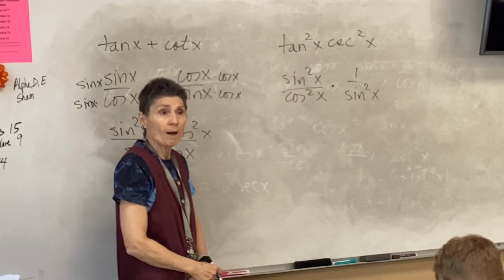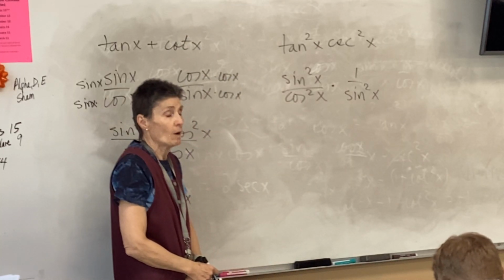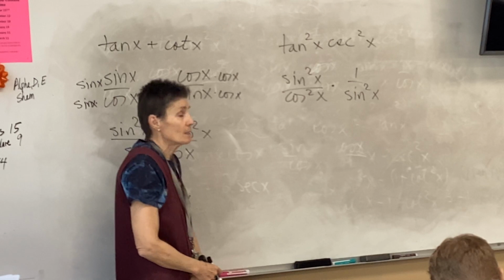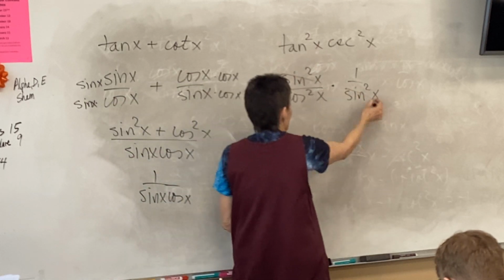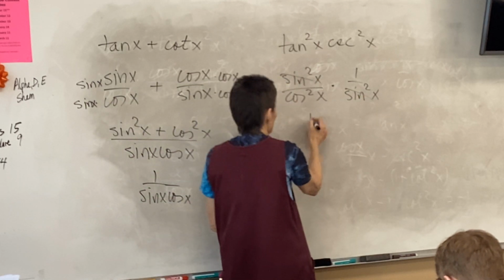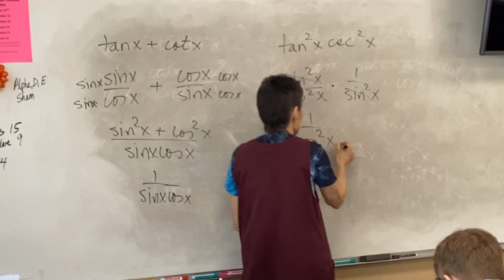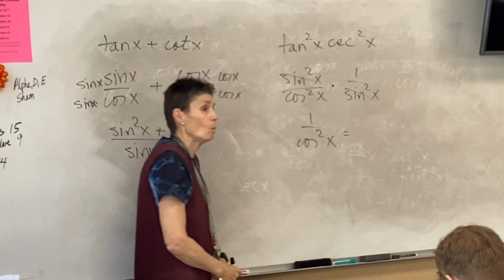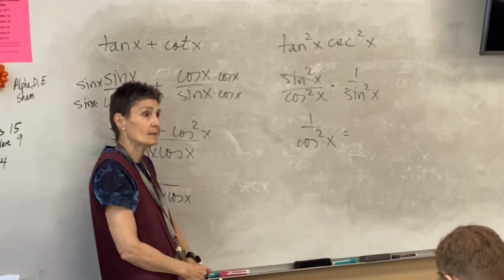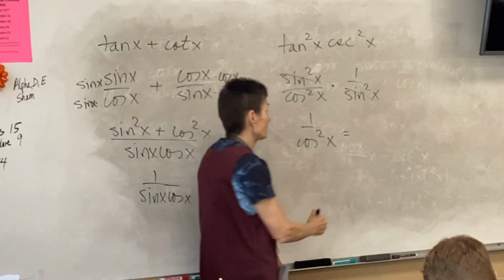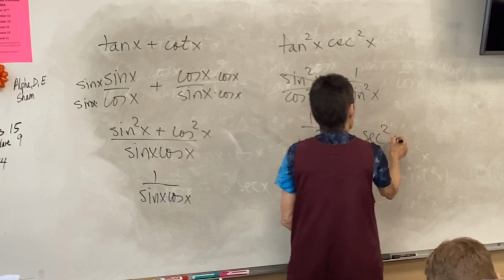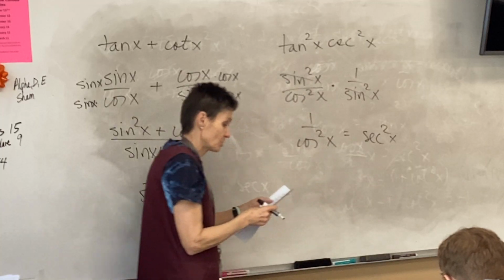So do I need a common denominator? No, I'm allowed to just cancel. So it looks like I am left with 1 over cosine squared, and I know that 1 over cosine is secant, so my answer is secant squared.